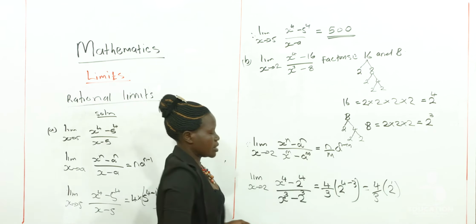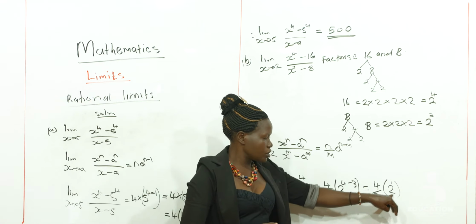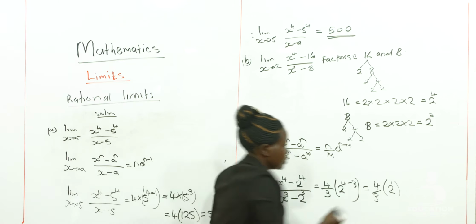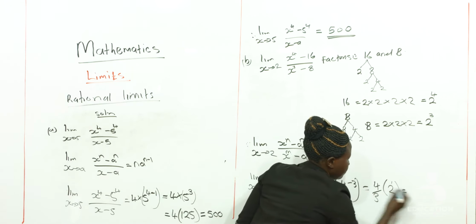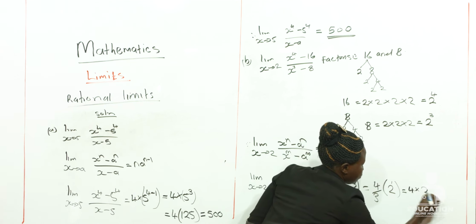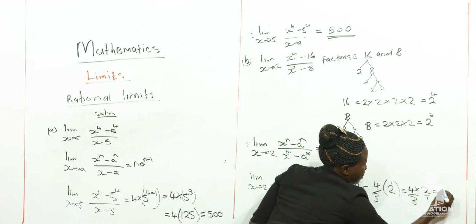Then from this we have 4 over 3 into 2 power 1. Sometimes you may find the power greater than 1, so you simplify what is in the bracket before you multiply. So this will simply give us 4 times 2 over 3 times 1. So our answer will be 8 over 3.